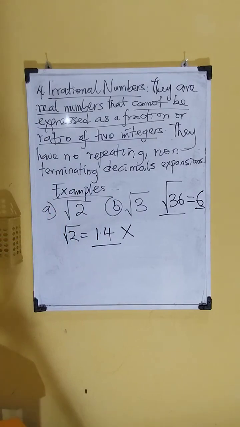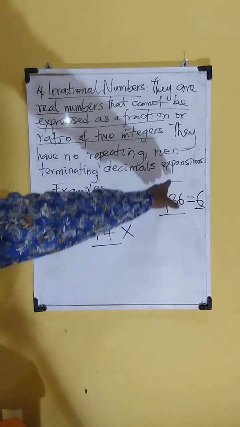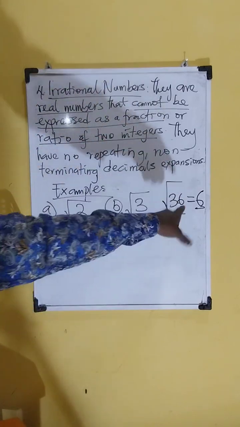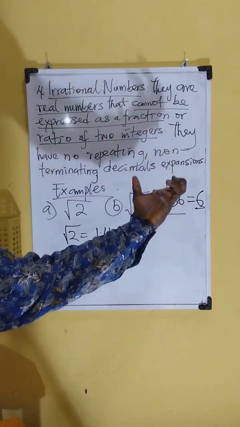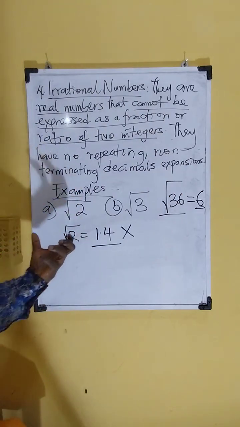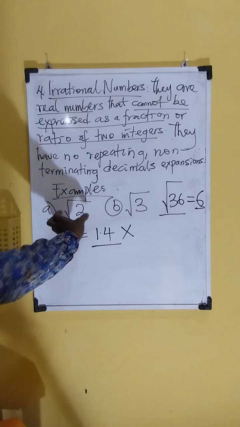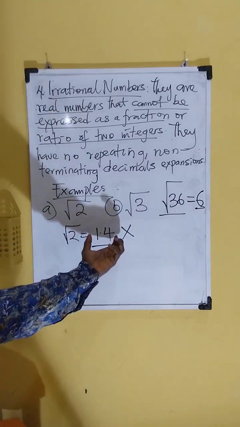The returning value for the square root of 36 is a perfect square. This is a perfect square. This is an imperfect square, because when you find the square root of that number, the result is a decimal.